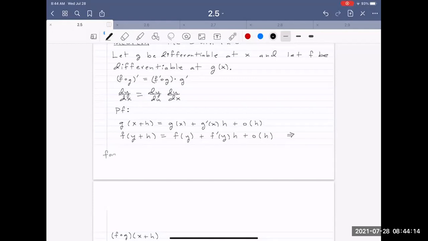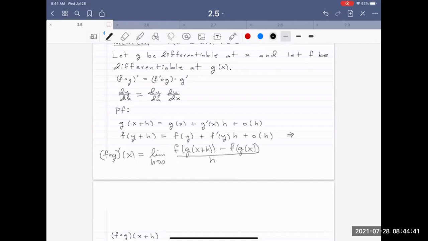So you take f composed with g and take the derivative of that. That's the limit as h approaches 0 of f composed with g at x plus h minus f composed with g of x, all divided by h.